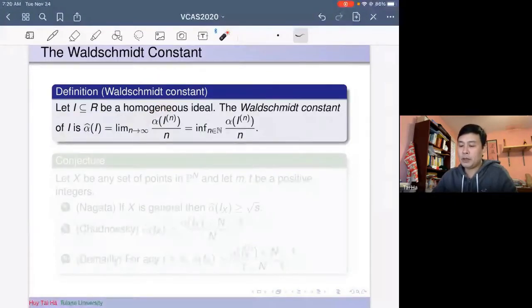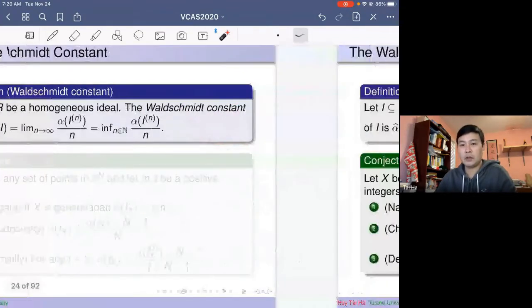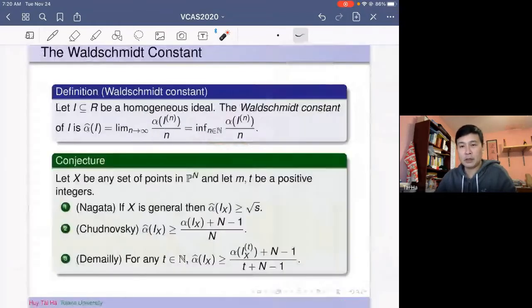It's known that this limit exists, and it is the infimum of all of them. So we have an equivalent statement of the conjecture in terms of the Waldschmidt constants.